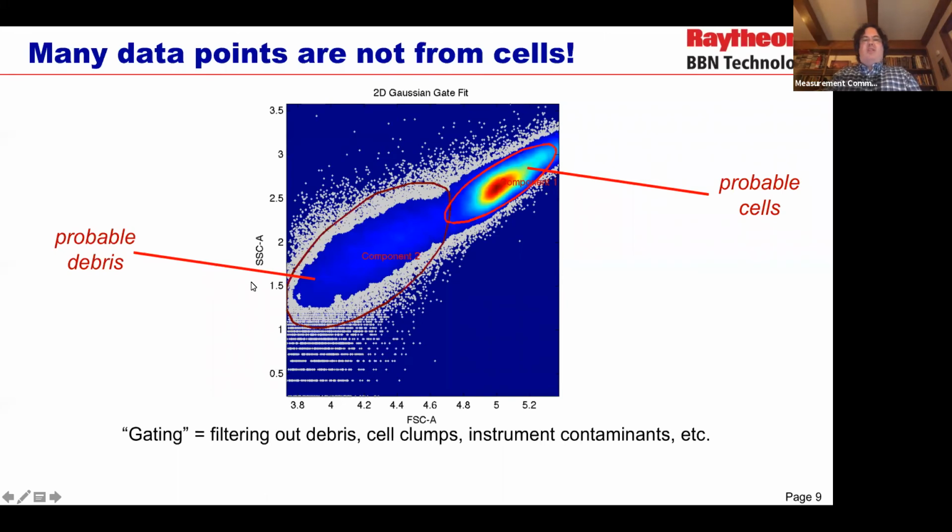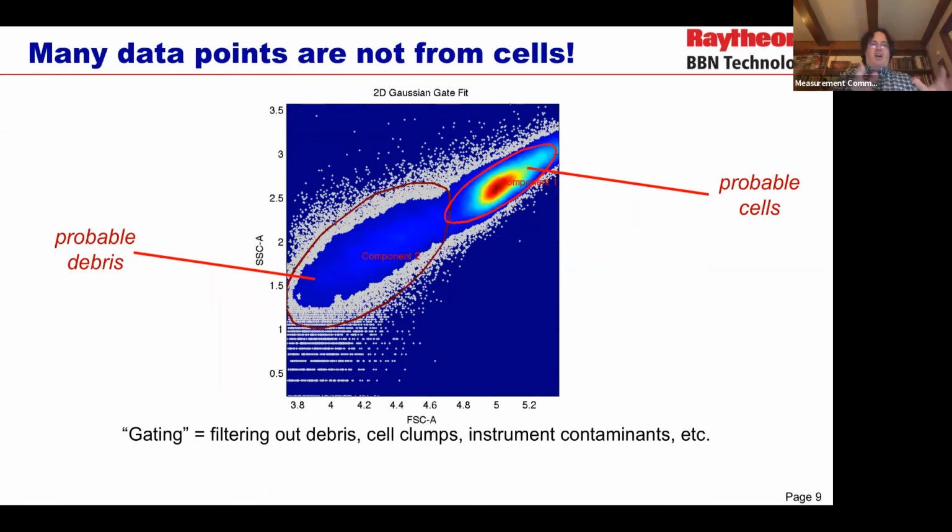And what you'll typically see is that you've got one sort of nice, tight, high density distribution. Here, the hotter the color, the more data points are in that place. And typically your nice, tight area is where your cells are. And then you've got other stuff that's bigger and more complicated, which is likely to be clumps of cells.